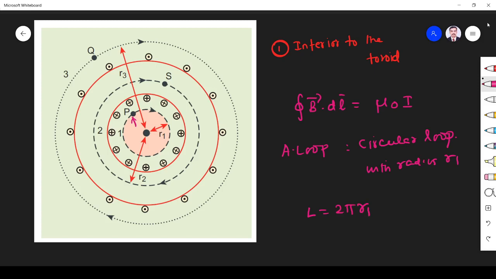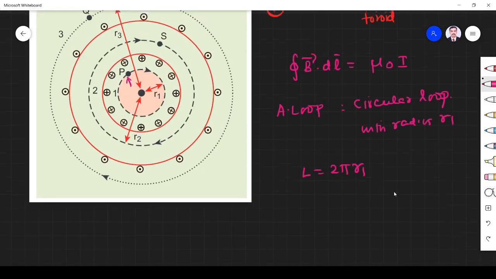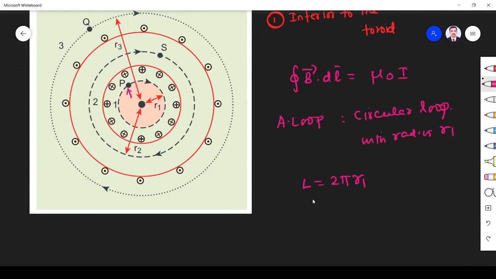Now we apply this to Ampere's circuital law. For the interior region, let us assume this is Amperian loop 1. So B dot dl at point P, I want to find the magnetic field.